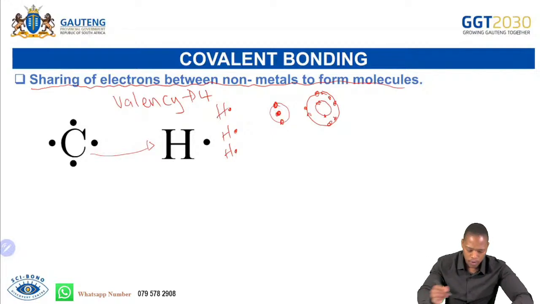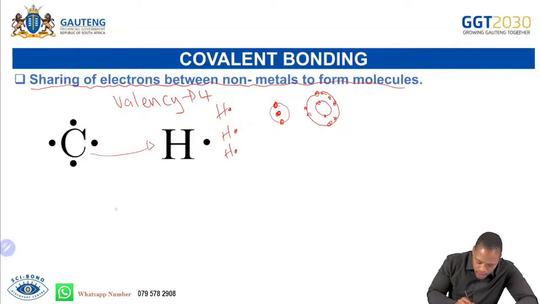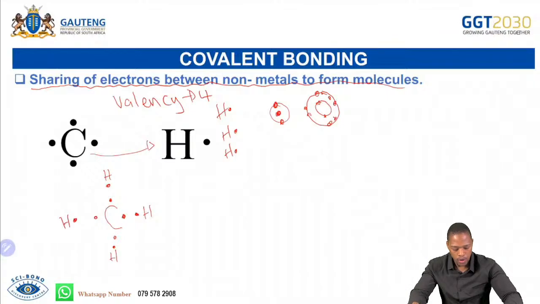So what does carbon do? Carbon says, I need 4 hydrogens to come to me with their electrons. So each hydrogen is going to come and bring its 1 electron. Another hydrogen comes, brings its electron. Another hydrogen comes, brings its electron. Another hydrogen comes and brings its electron, right?